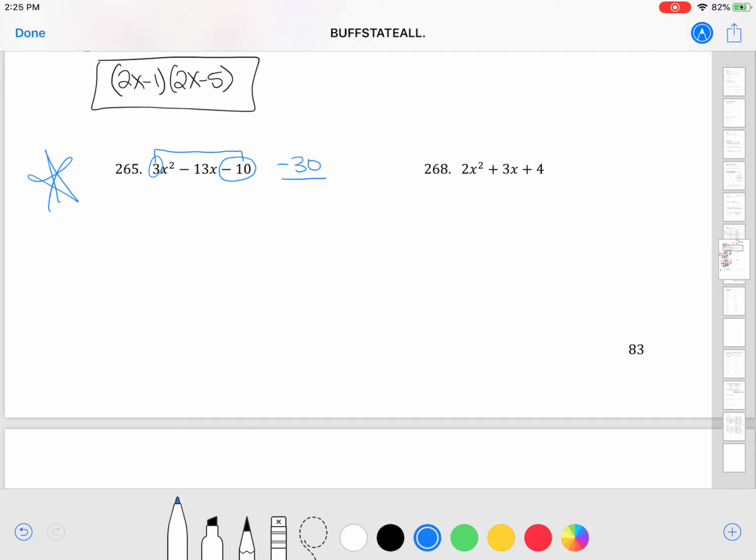What I want you to do for now is just list the factors of positive 30, and we'll talk about that negative in a little bit. So 1 times 30, 2 times 15, 3 times 10, and 5 times 6.